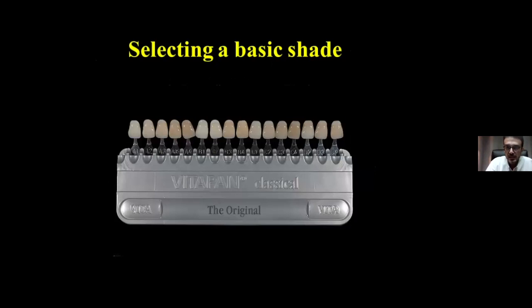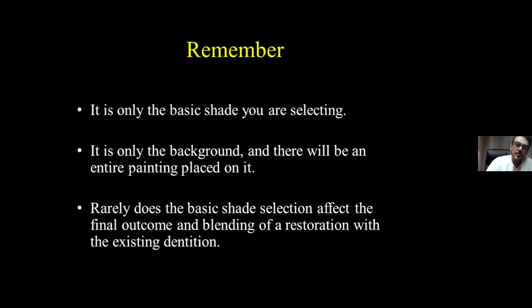Then we select the basic shade in the common way we are used to. This is the step where we just take the basic shade of the tooth. But we have to remember that the basic shade we are selecting is actually the background of the color shapes.